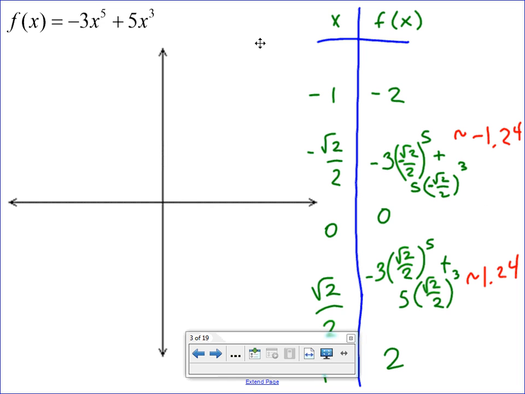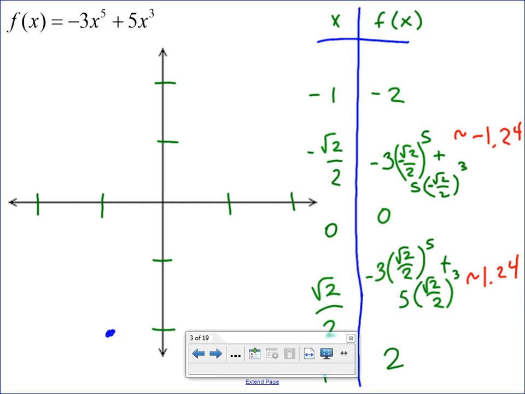So for my scale, it looks to me like we could go... we want -1 comma -2. That is a local min.